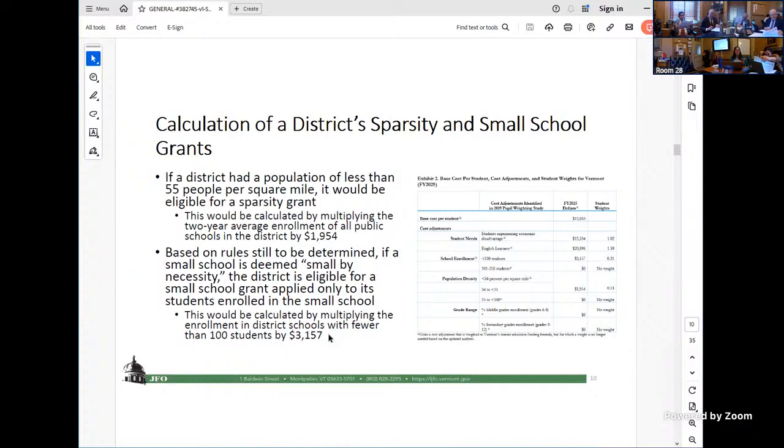Because that definition has not yet been made, I've used the current law definition for receiving a small school weight, which is essentially if you are a small school in a sparse district. So this could change depending on the state board's determination of small by necessity. And that now on the chart is the 1951. Correct.